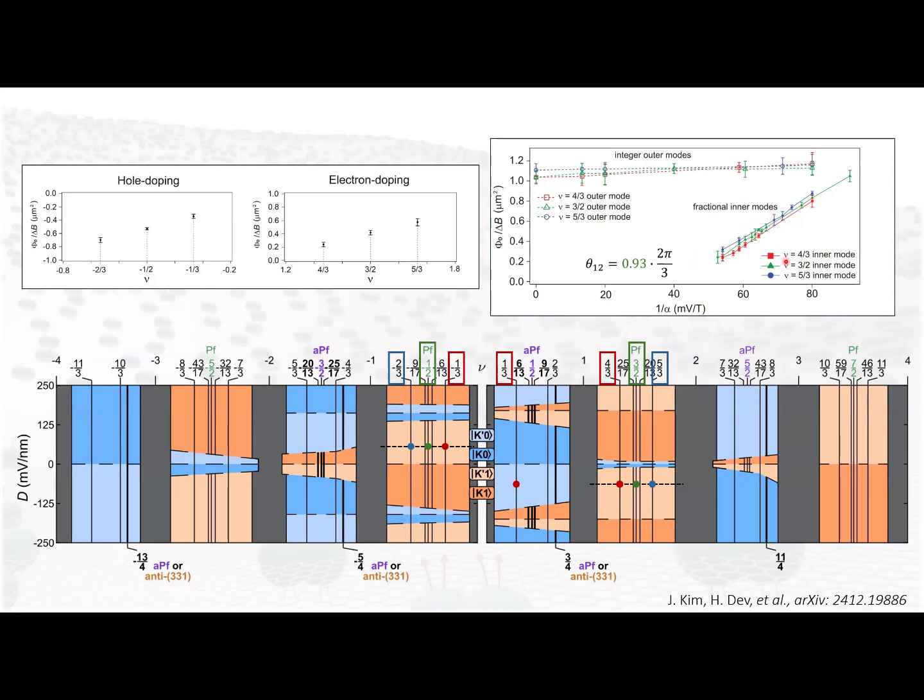And I didn't mention it, but for example here, what you see are the states 4/3, 3/2, and 5/3. And of course, you can interfere the fractional inner modes, or you can interfere the outer integer mode. And you can see that there is no dependence on this trajectory for the integer, but you have a dependence for the fractional, which is exactly the statistical contribution, okay? So the short answer is no, we don't see a clear phase jump, but you see this statistical contribution in this formula. Okay. Yeah. Thank you.